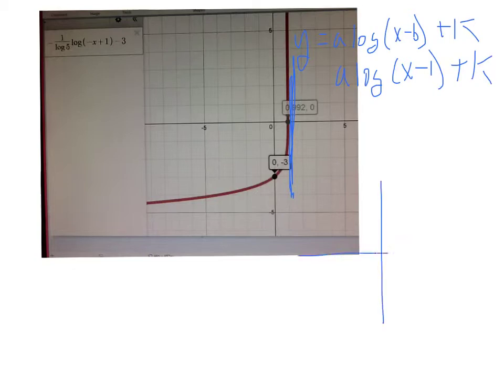Now the other thing I'm leery about is, normally a log graph looks like this, right? It goes through 1, 0, like this. And what I'm seeing here, it's been flipped this way. Oops, let me get a red ink.